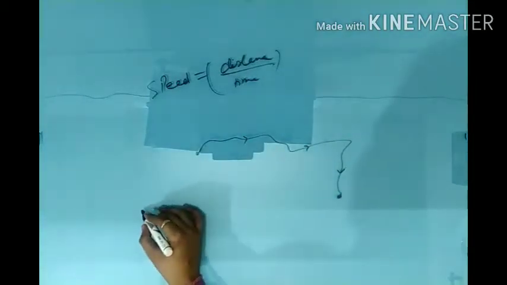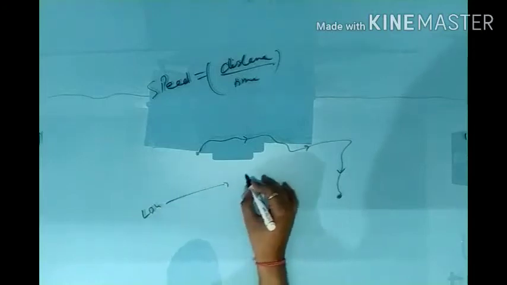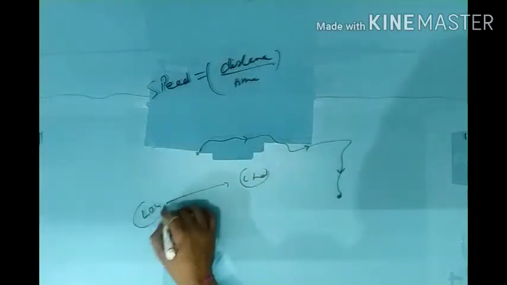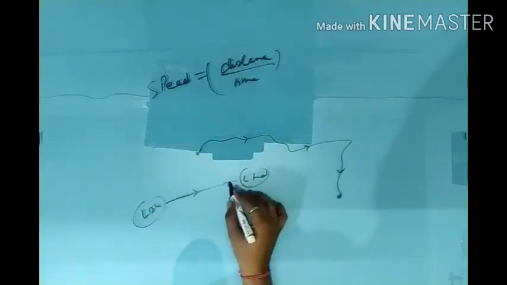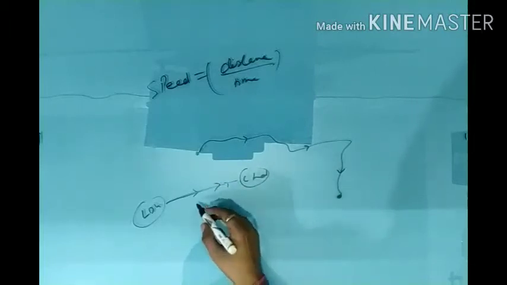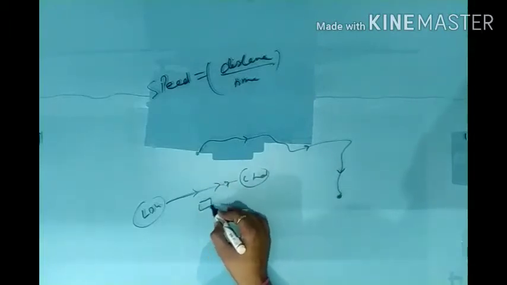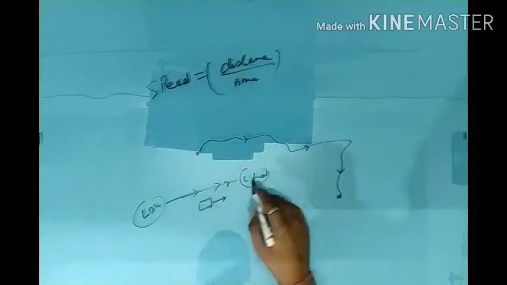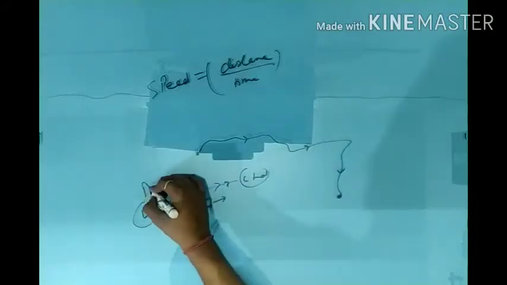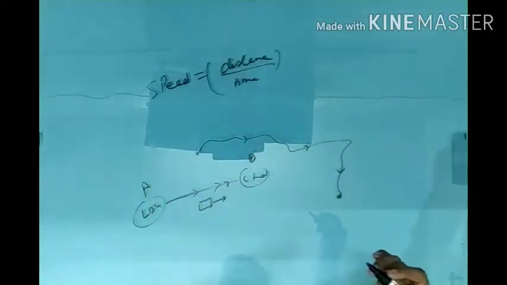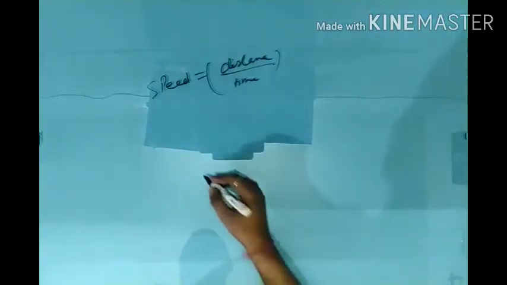Suppose we are going from Ludhiana to Chandigarh, then how much distance is covered in a particular time, that is the speed with which we will reach from one point to another point, from city A to B. So in case of speed, we can say that it depends on the total distance.